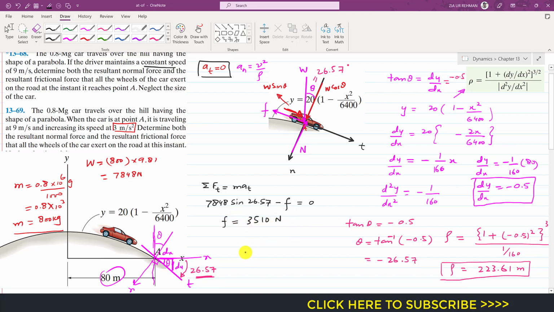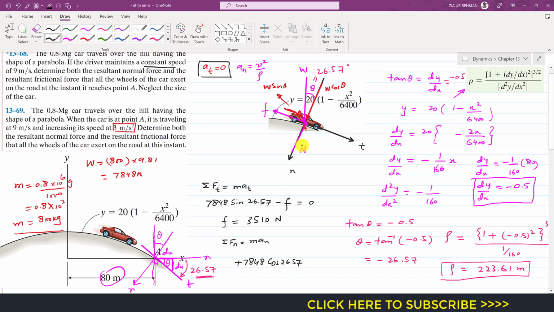And now if I apply the summation of forces along the normal axis, that will be equal to m a_n, and the cos component is acting in the positive n direction, so I will write plus 7848, weight is 7848, cos of theta, theta is 26.57.